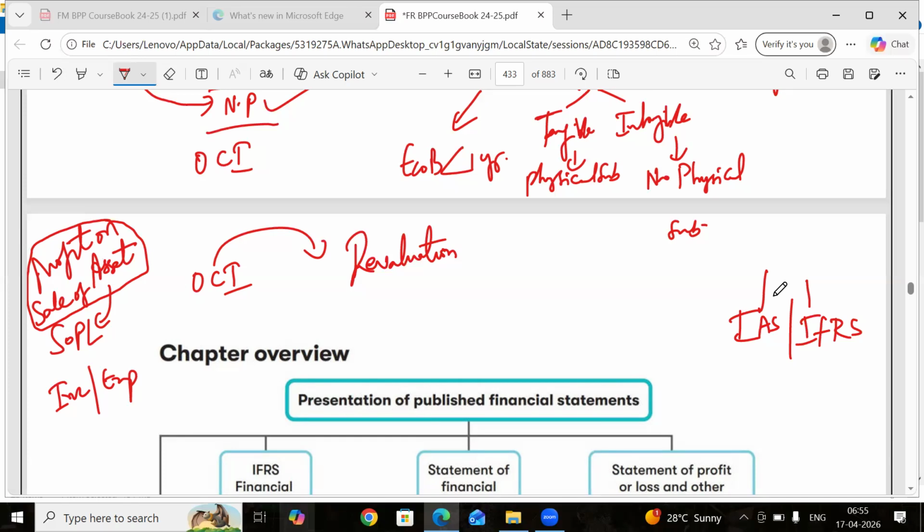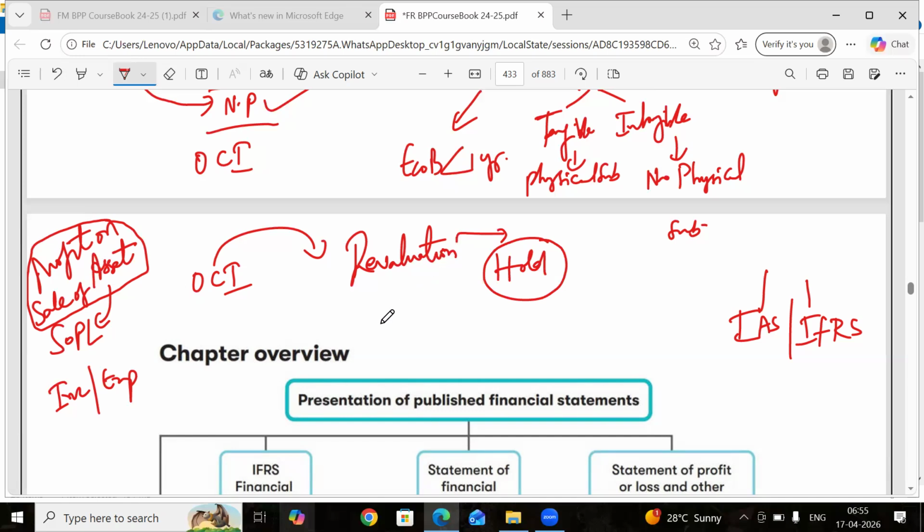In the same way, revaluation is a process whereby you revalue the asset. You want to show the asset at its current value, which is in the market. So here the intention is to hold, not to sell. You want to hold the asset. You don't want to sell the asset.